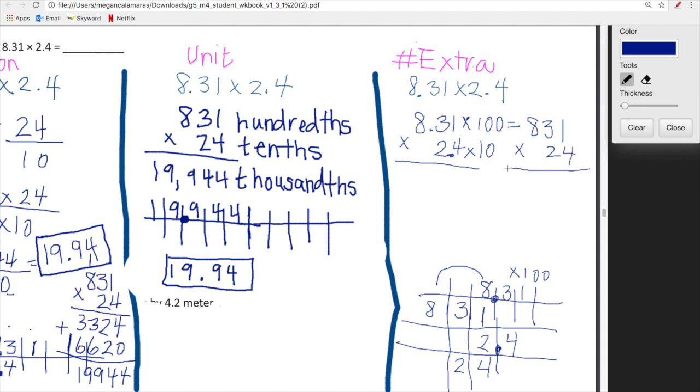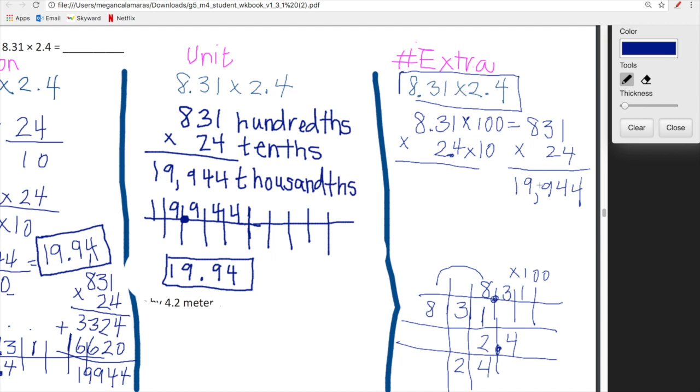So now again we find ourselves multiplying 831 times 24. Well, we know that 831 times 24 is 19,944. What we're trying to do is obviously find the answer to this problem, but we're doing it in the hashtag extra way. We're doing it in a pretty advanced way.